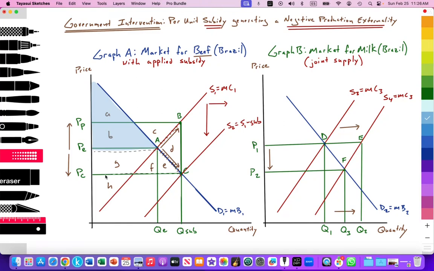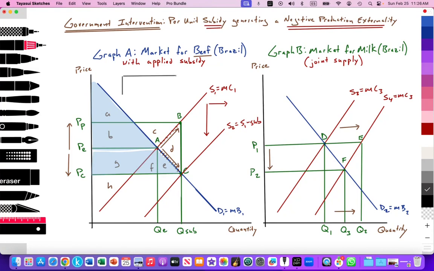So consumers are better off because their consumer surplus increases thanks to the reduced price. We can imagine, just so we understand this subsidy a little bit better, the subsidy is the amount of money being paid by the government. You can divide this into these areas, like cutting slices from a cake or a piece of pie.